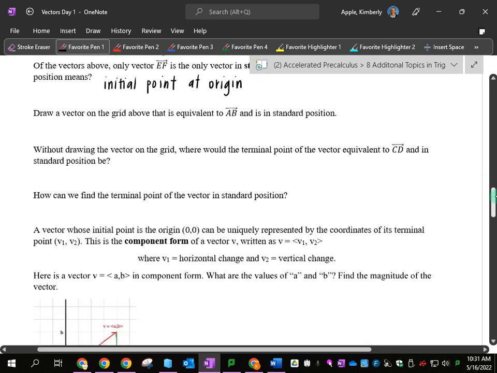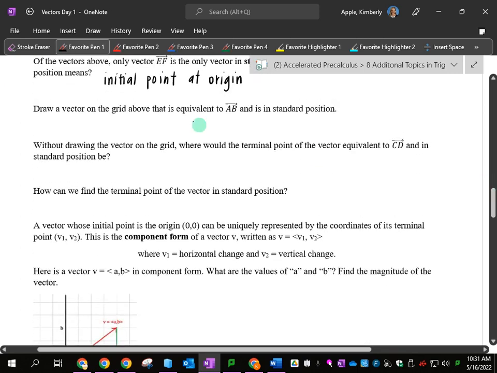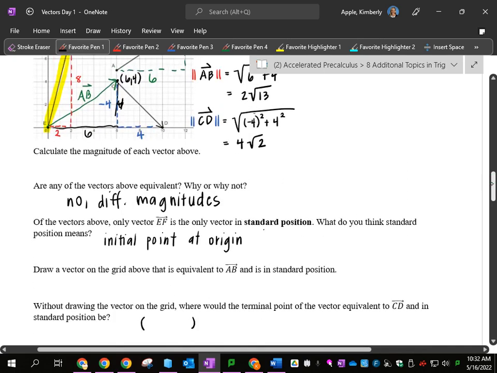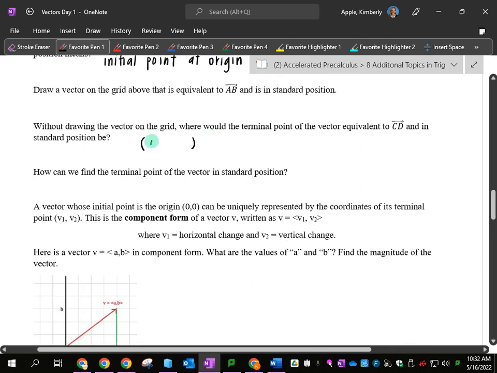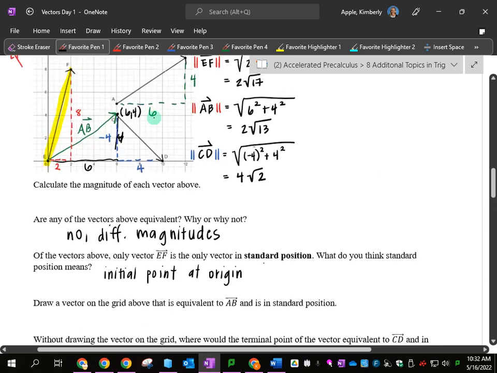All right. Without drawing the vector on the grid, where is the terminal point equivalent to CD? 4, -4. How do you know? Well, because if this was 0, 0, I would go vertically down 4, and I would go to the right 4.